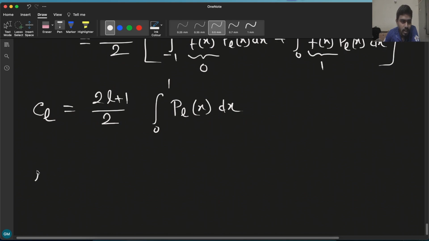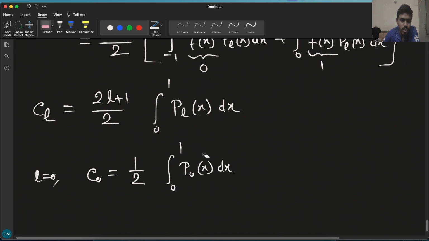So for example, if L equals 0, in that case C_0 is basically 1 by 2 times the integral from 0 to 1 of P_0(x) dx. And what is P_0(x)? That is 1, right? So it is just the integral of dx, which is x, and the limit is from 0 to 1, so that means it is only half.